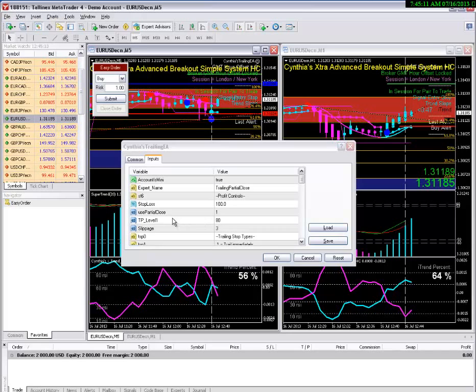So what that means is, after we place our trade with the easy order script, the trailing EA is going to manage the trade for us, and when it gets 8 pips in profit, it's going to book half of our trade size.